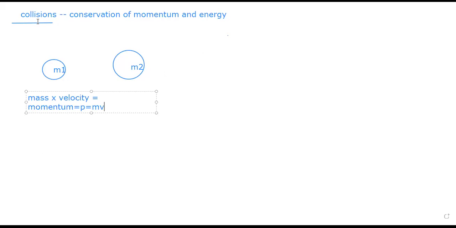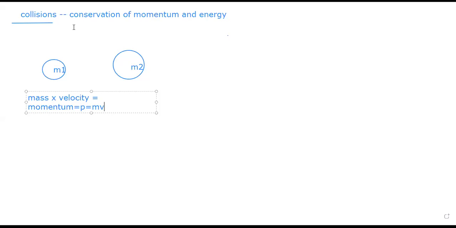I'll give you a better example for collision. The collision is nothing but the interaction, the hitting, of two masses. Ball hits the bat. This is a collision. If you play carom, the striker hits the coin. Collision between the striker and the coin.